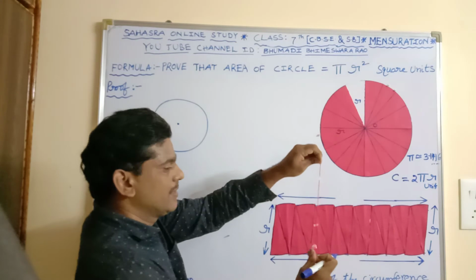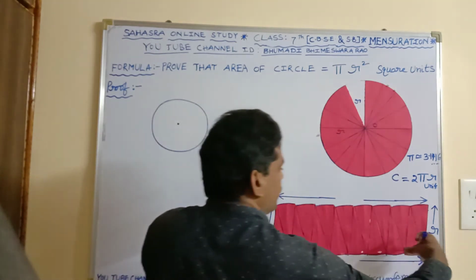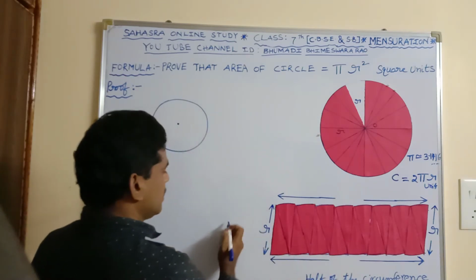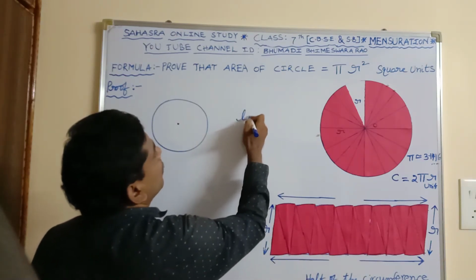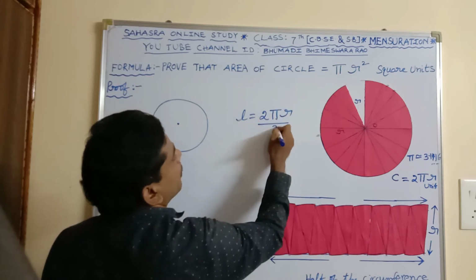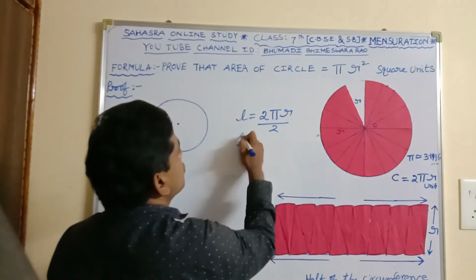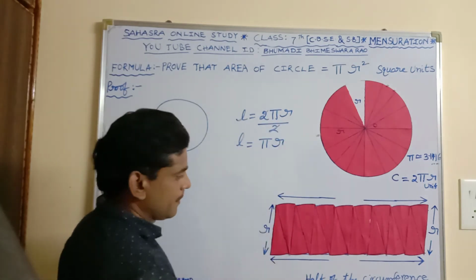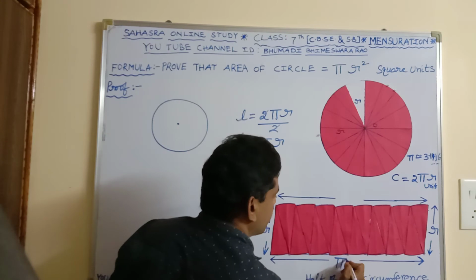It means length equals 2 pi r by 2. Half of the circumference, so the 2s cancel. It is pi r units.